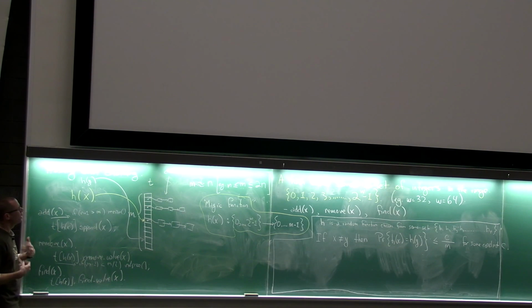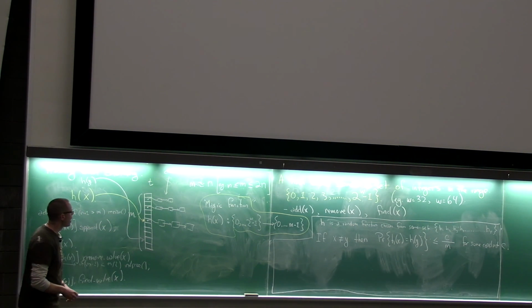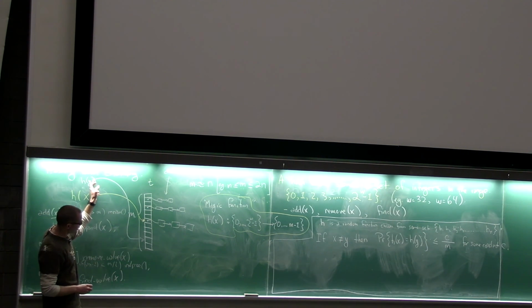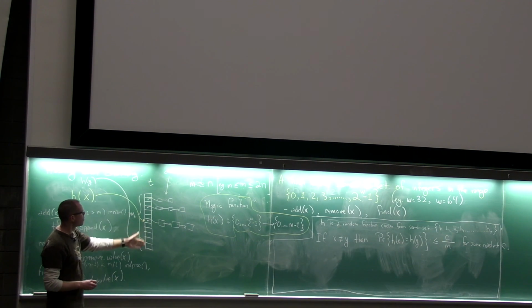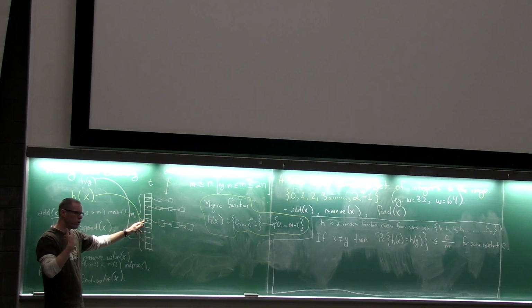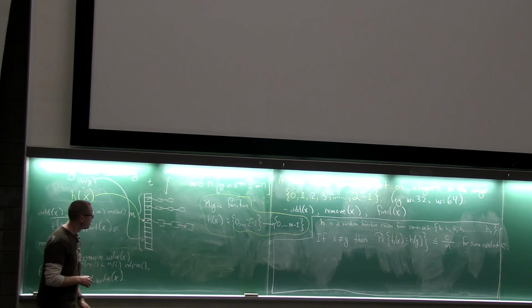Now, if h really worked that way, if it just threw things at random into these slots, then h of x goes somewhere into one out of these m slots. And then h of y comes along later and takes a random slot. And out of the m choices, there's only one of them that contains x. And so there should only be a chance of 1 over m of picking the same slot as x.